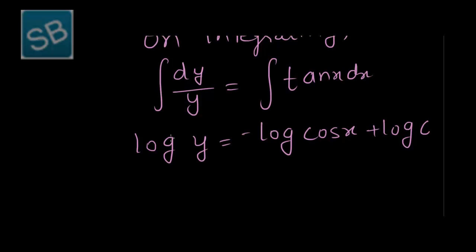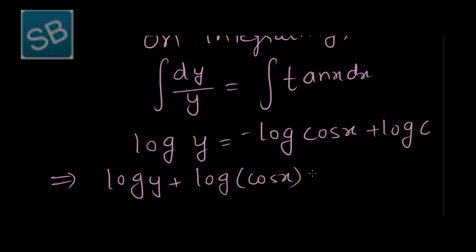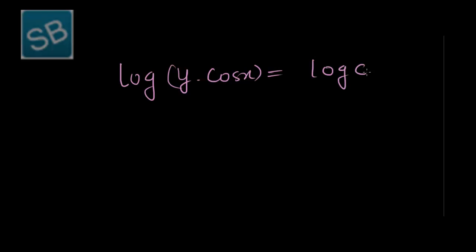So in this we see, log y plus log of cos x is equal to log c. So in the left hand side we have log m plus log n, which becomes log of m into n, that is the property of log, which is equal to log c.